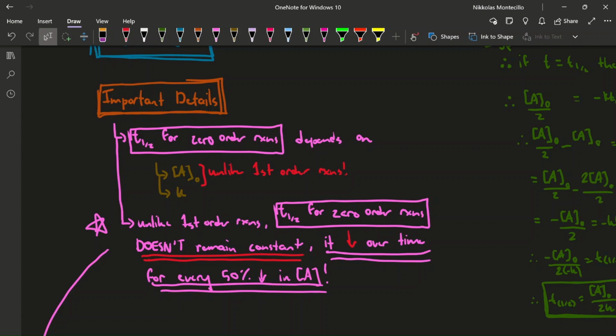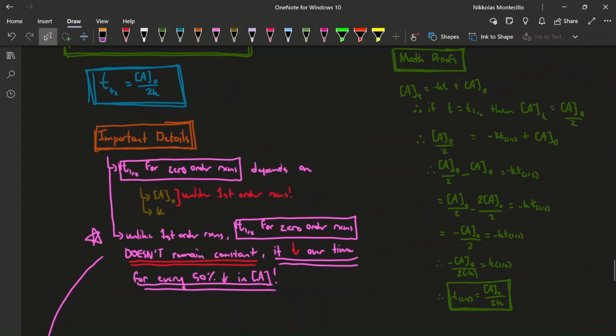And unlike first-order reactions, the half-life for zero-order reactions doesn't remain constant, and it's the opposite of second-order reactions, where the half-life will decrease over time for every 50% decrease in concentration of the reactant.